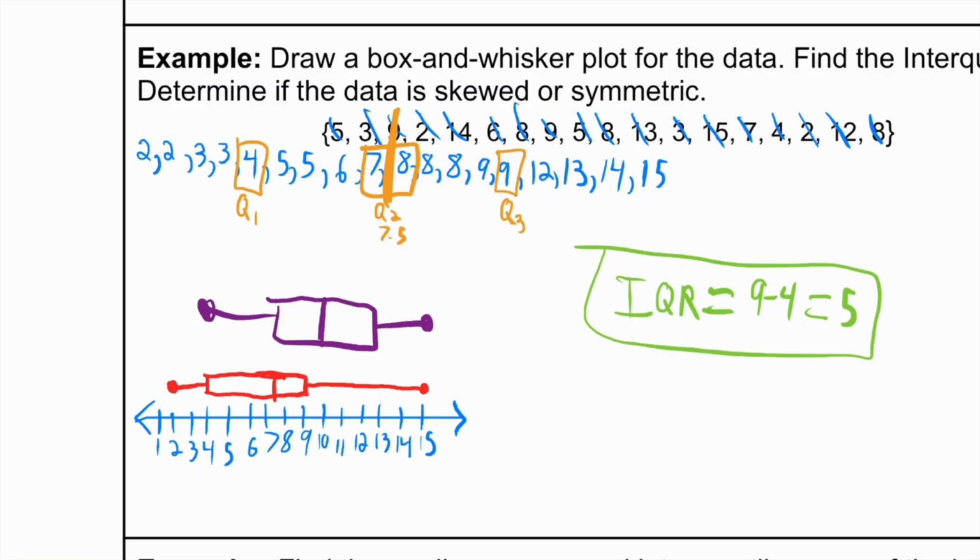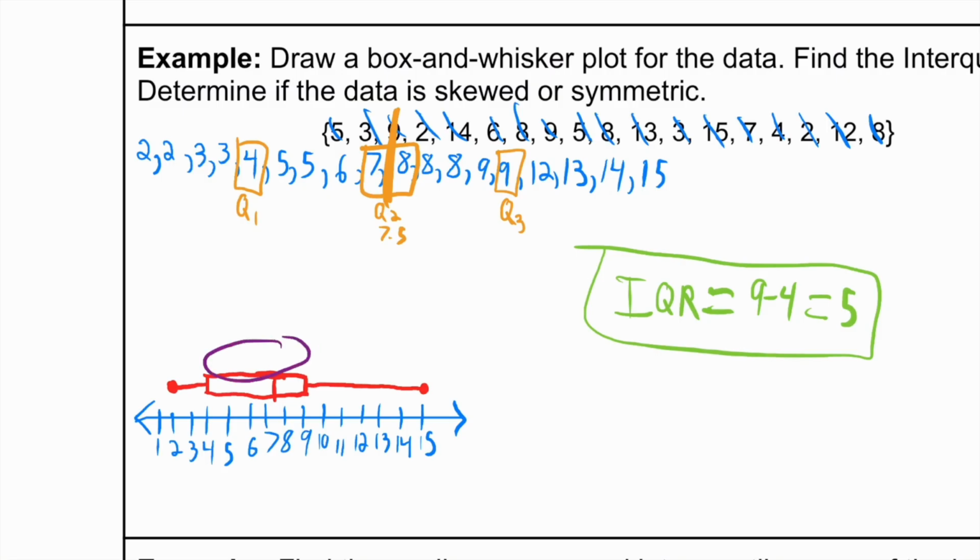There's an even amount of whisker on this side compared to this side, and quartile 2 is about halfway between quartile 1 and quartile 3. None of that has to be exactly 100% perfect, but close to each of those. And we can see here, quartile 2 is much closer to 3 than 1.